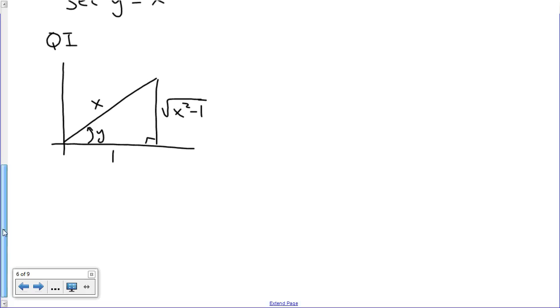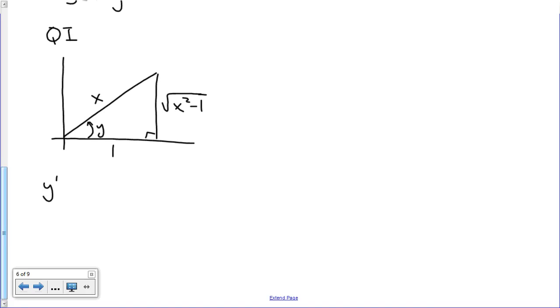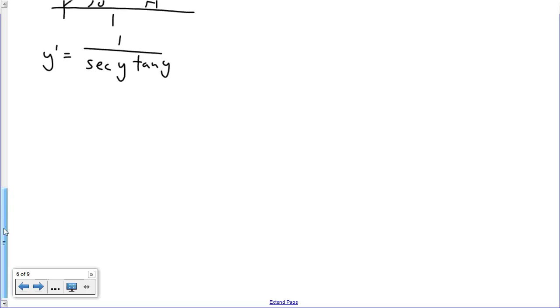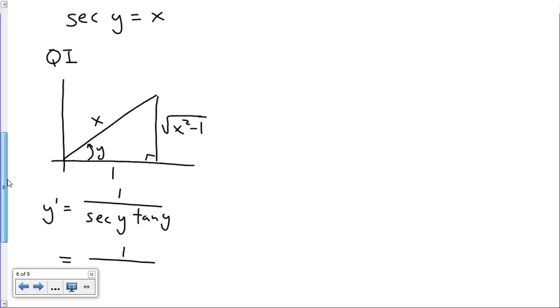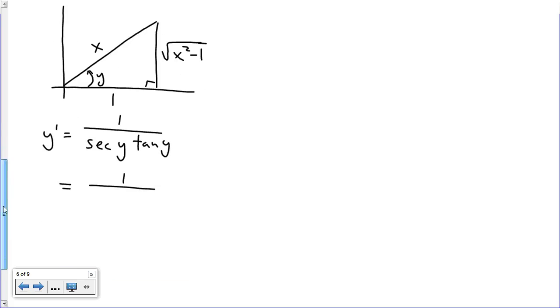And so again, let's go back to what we were trying to find. We were trying to find out what y prime is equal to. I know it's equal to 1 over the secant of y, tangent of y. But the question is, what is secant of y and tangent of y? Now again, you can look at the triangle to find out what secant of y is. We already stated up above here that we are using the secant of y is equal to x to construct this triangle.